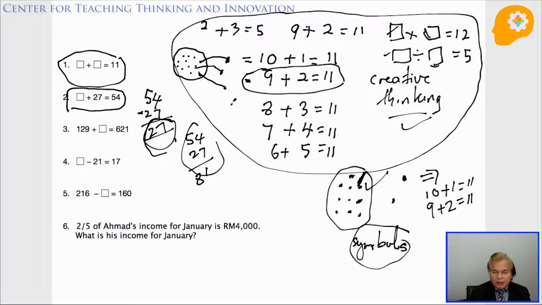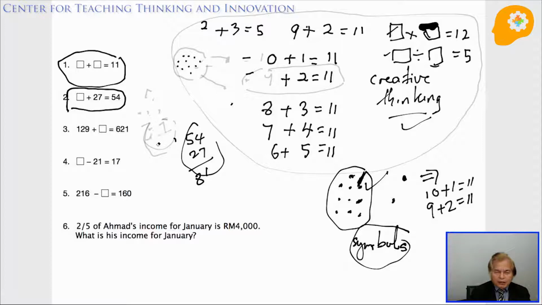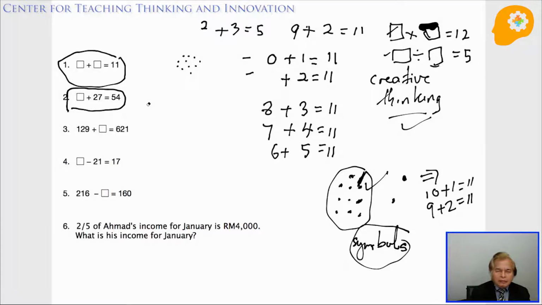What you can do is, let's figure out another way of doing it. It is easy if you make the numbers simpler. Instead of using 27, put number 1.